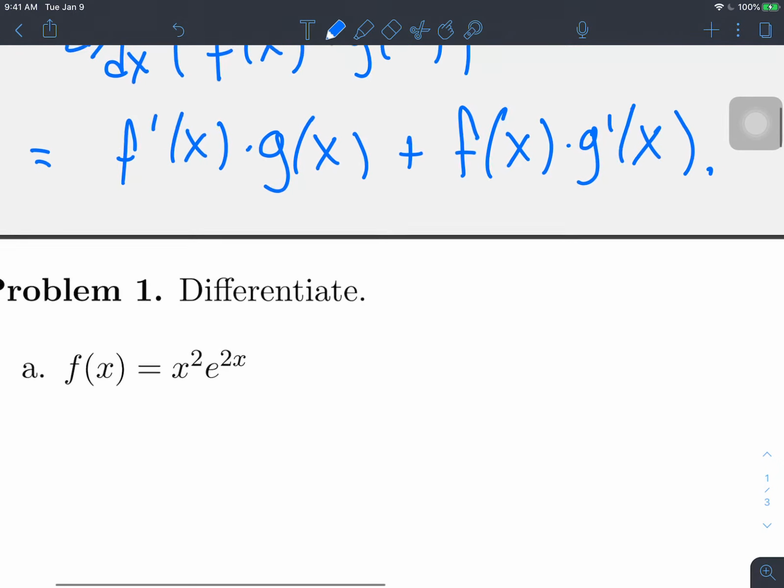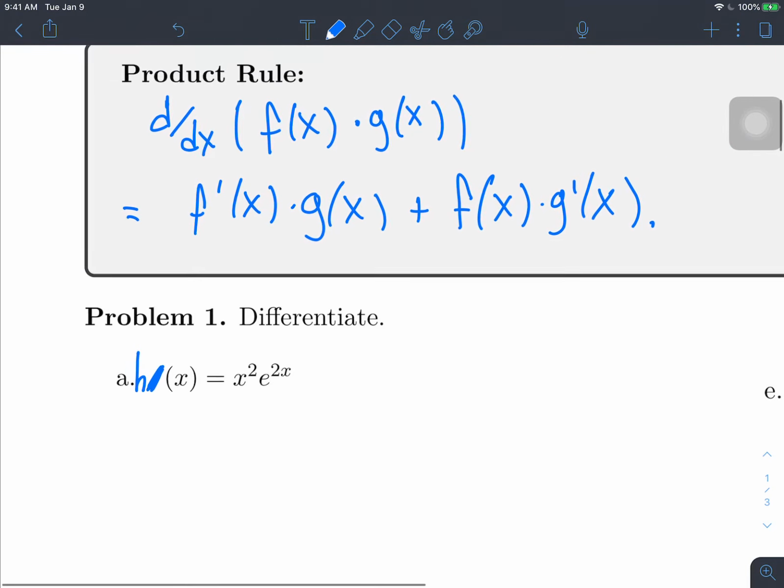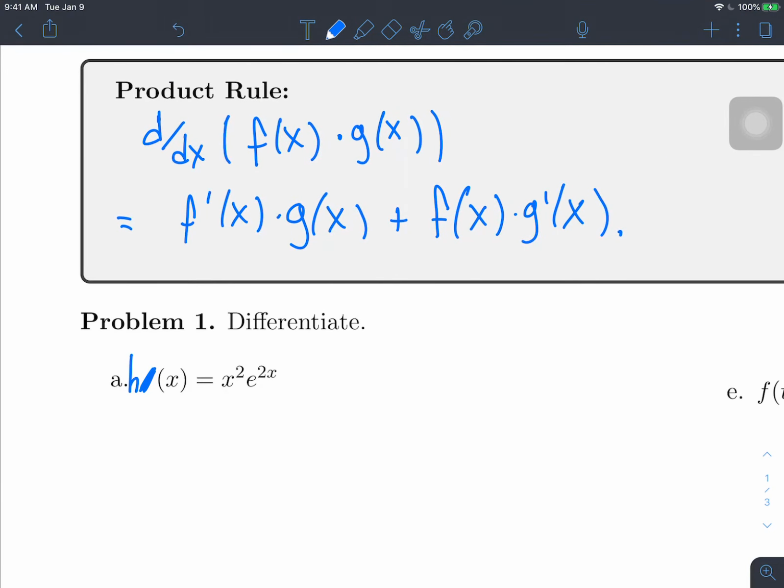Okay? I want to make this h of x. Okay, let's erase this. This is going to be h of x for the purposes of using the rule. So, step one with the product rule problem is kind of similar to step one with the chain rule problem. The chain rule, what we wanted to do first was identify the inside and the outside function, right?